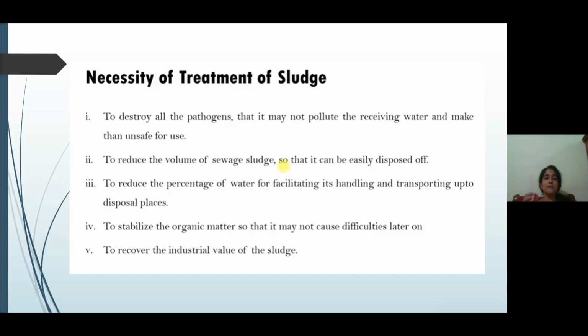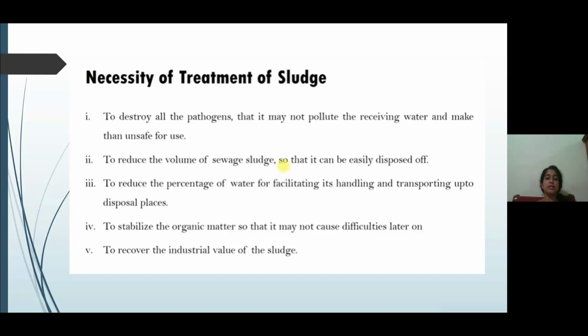And this will reduce the volume of the sewage sludge, because after collecting from the primary sedimentation tank and secondary sedimentation tank, the quantity of sludge will be very large, and after this treatment of sludge, the volume will be reduced so that we can handle it in an easy way.